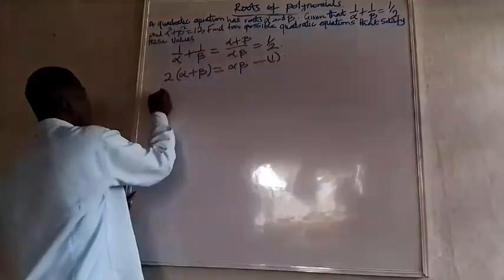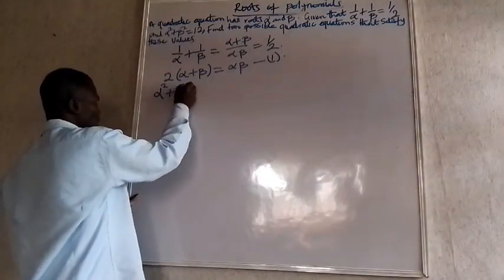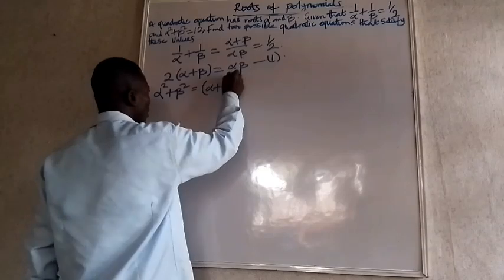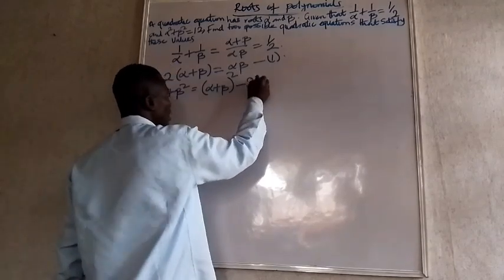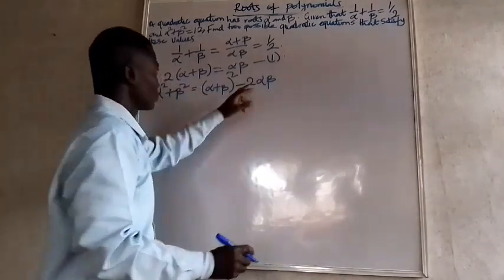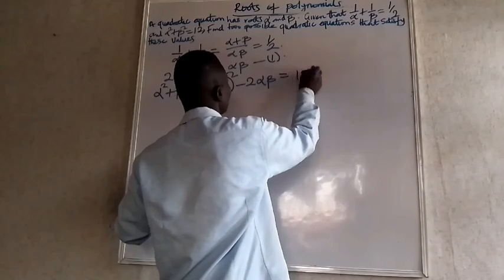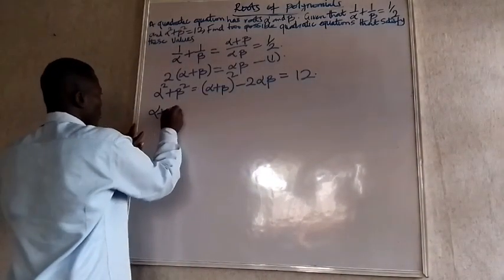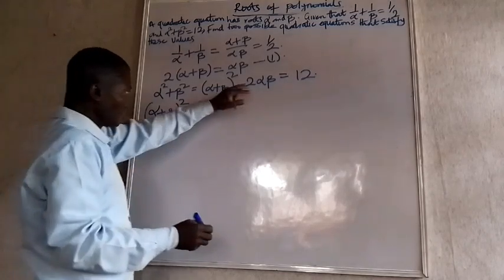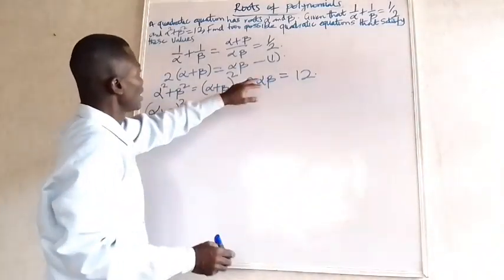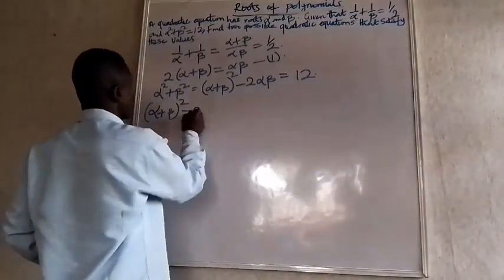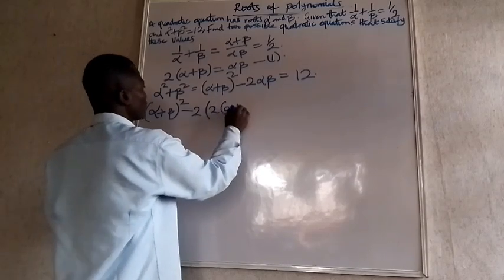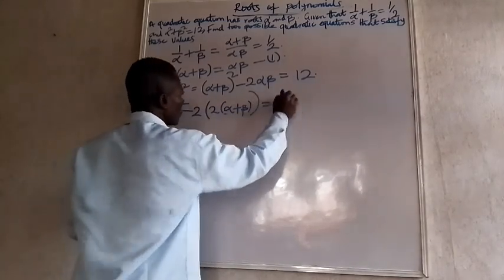We are also told that alpha squared plus beta squared, which we also know to be equal to alpha plus beta all squared minus 2 alpha beta, is equal to 12. So we can easily now say alpha plus beta all squared minus 2 into 2 alpha plus beta is equal to 12.